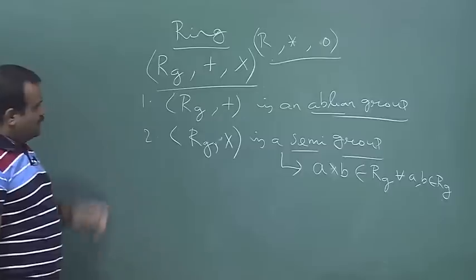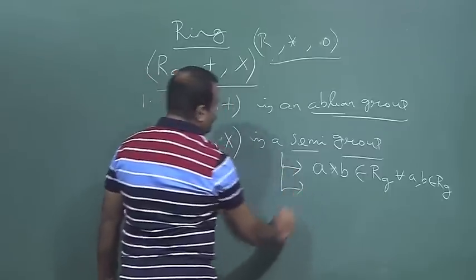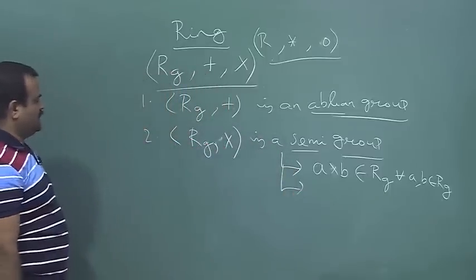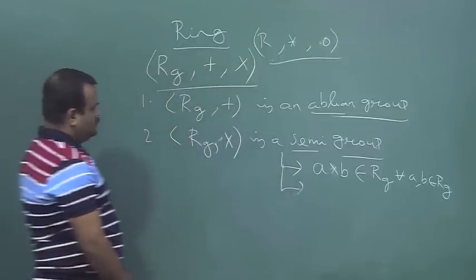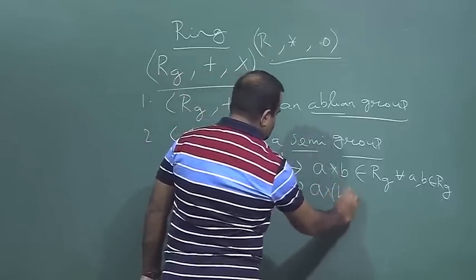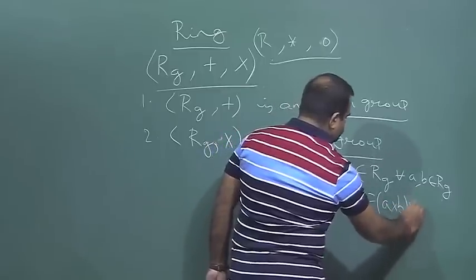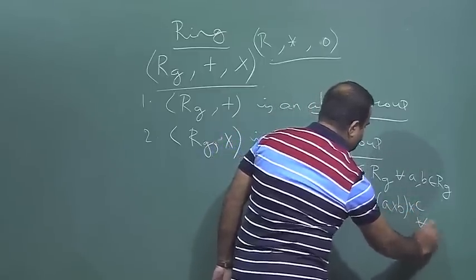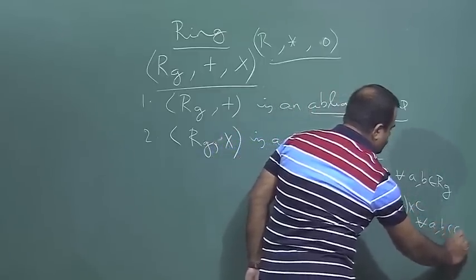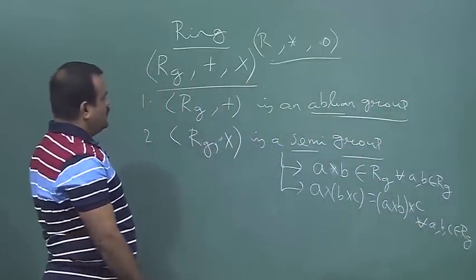Okay. So, this is the closure property, and then the associativity also must be satisfied. So, this is the associativity.